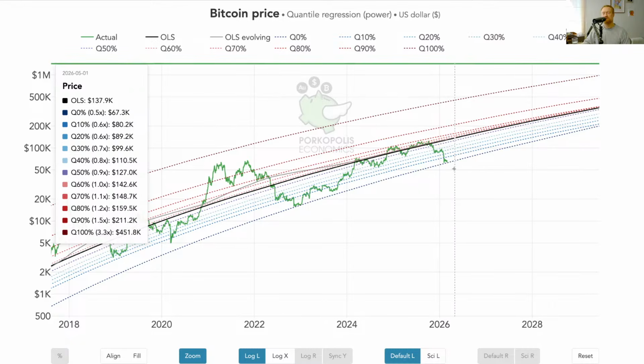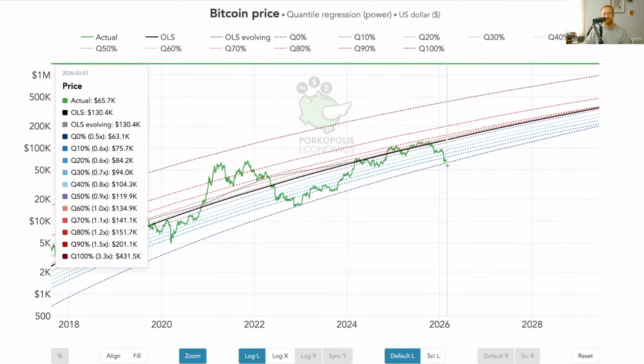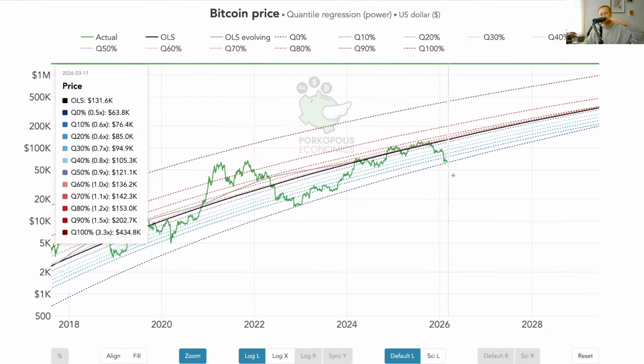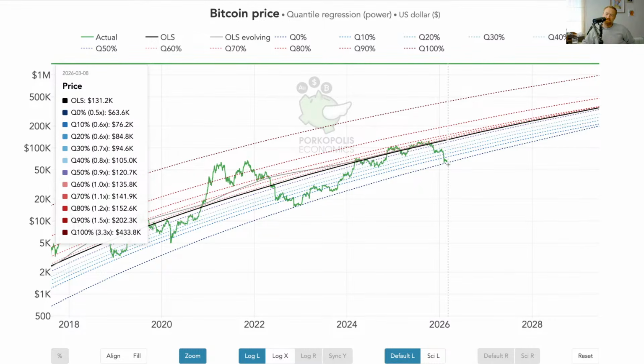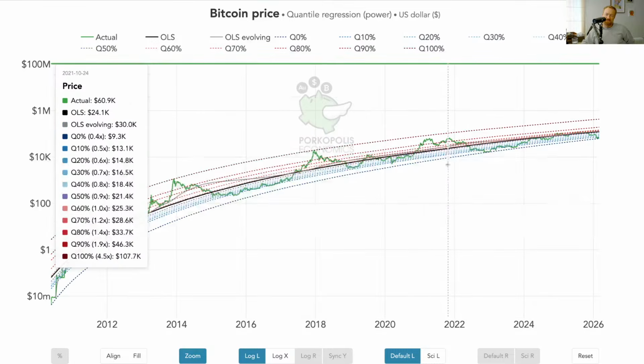And even if it goes lower from here, even if it drops down to, I don't know, 50K, what's going to happen is it's just going to change the direction of the bottom line. So the bottom line is just going to turn a little bit fatter. The other ones as well will go down too, but it's not about breaking the power trend.